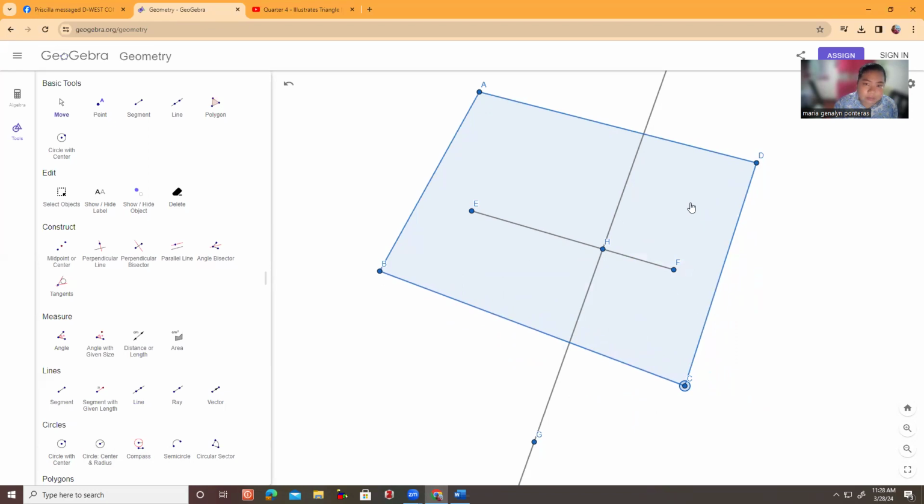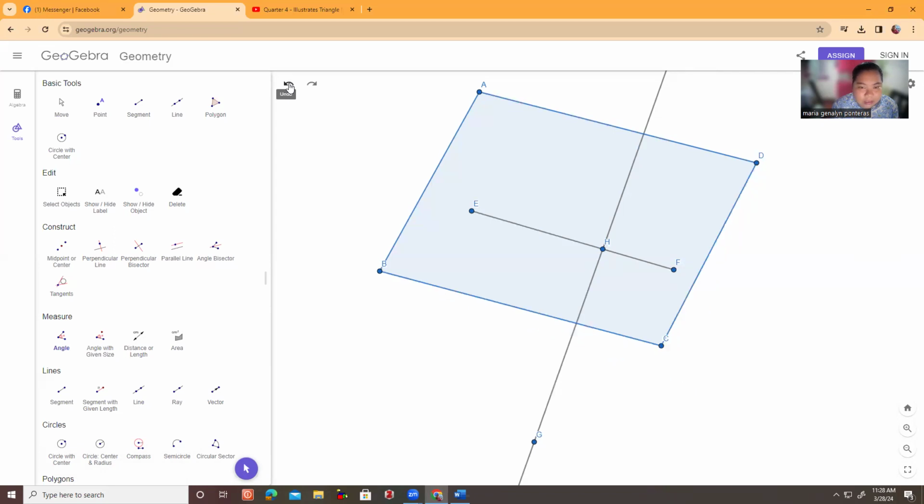So let us try if this is perpendicular. By definition of perpendicularity, it must form a 90 degrees angle. So let's measure. It's 37. Ah, no, my mistake.